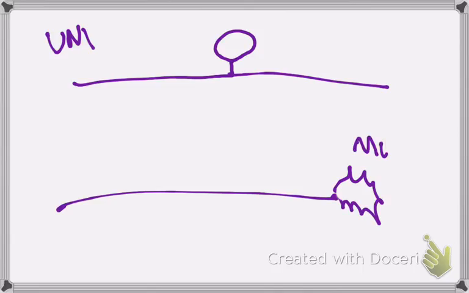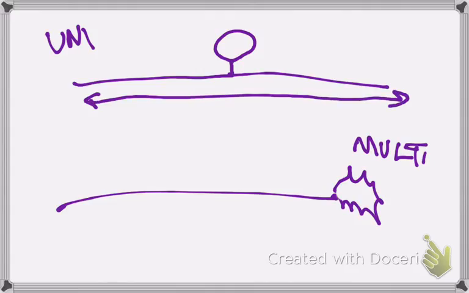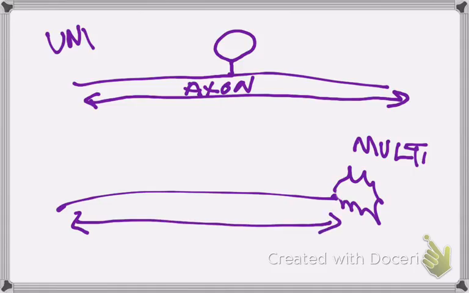That's a multipolar because it has lots of cell processes attached to the cell body. Okay, so let's learn some parts. On the unipolar, the part that carries the nerve impulse is called the axon. And guess what that part is on the multipolar neuron? Same thing, that's the axon.